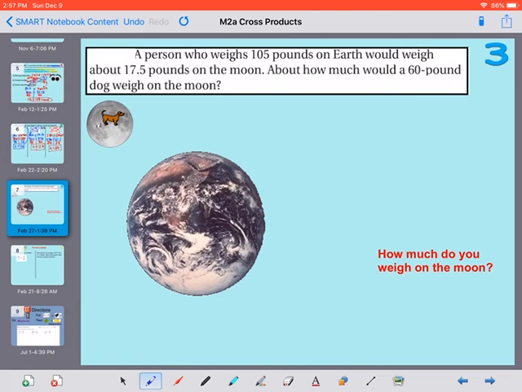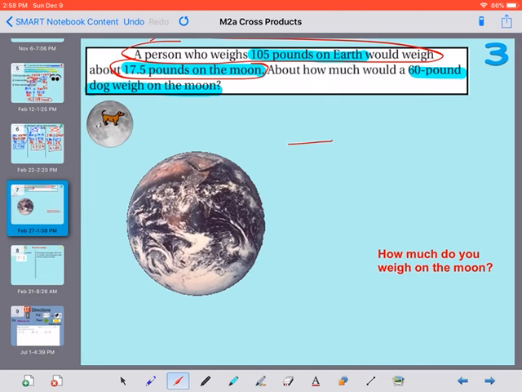It says, a person who weighs 105 pounds on Earth would weigh about 17.5 pounds on the moon. About how much would a 60-pound dog weigh on the moon? So the first piece of information they gave us is that 105 pounds on Earth is really 17.5 pounds on the moon.